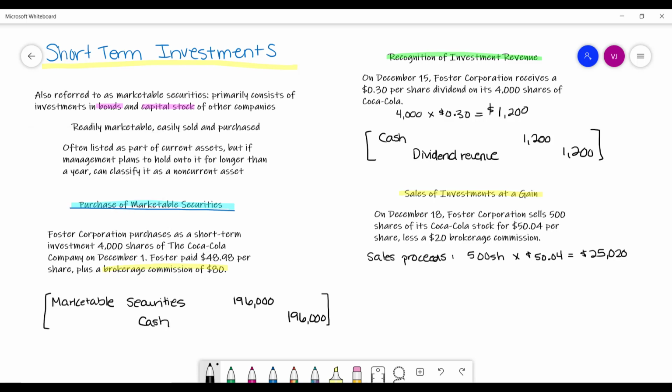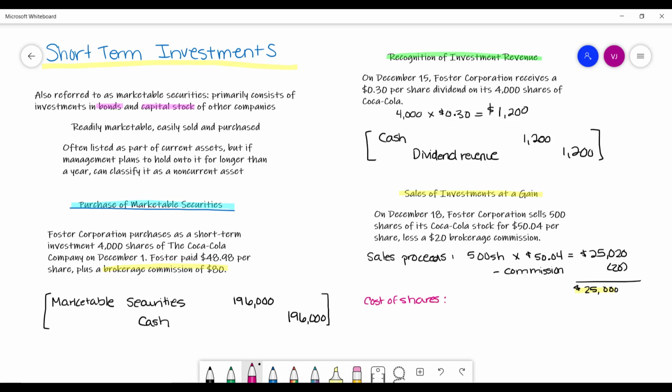But there's a commission fee there, so we're going to subtract it out, because we don't get to keep all $25,020. We have to pay $20 in commissions, so the overall proceeds is just $25,000. We want to compare those sales proceeds to the cost of those shares.